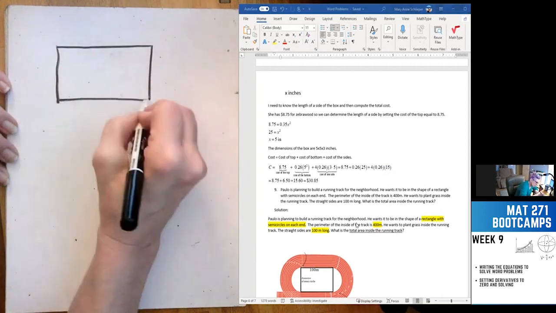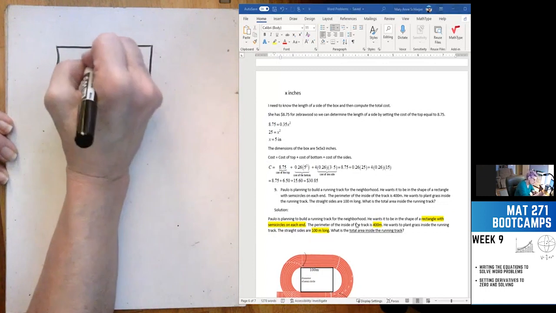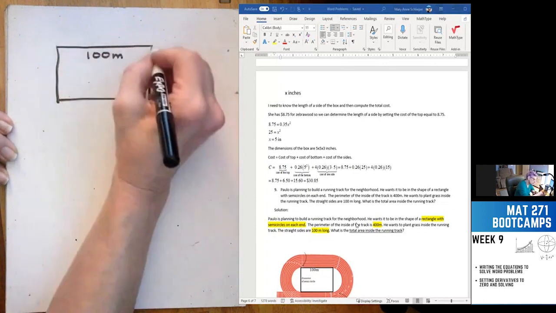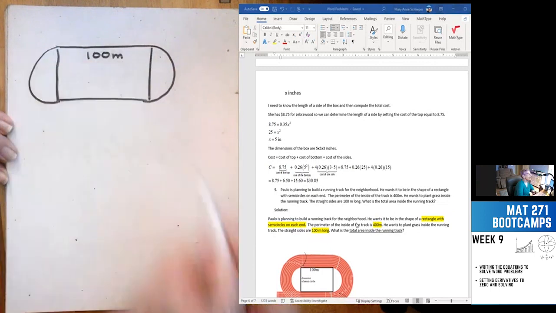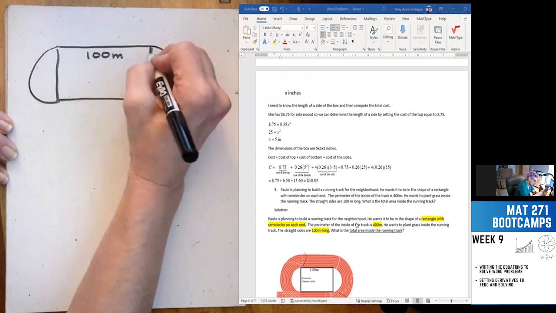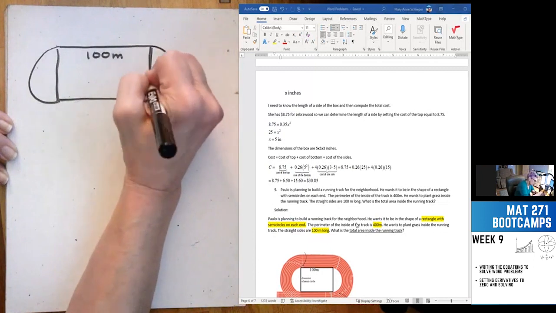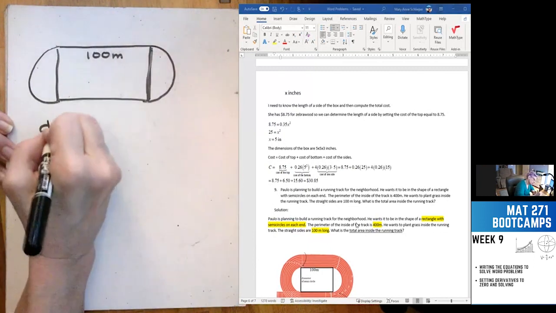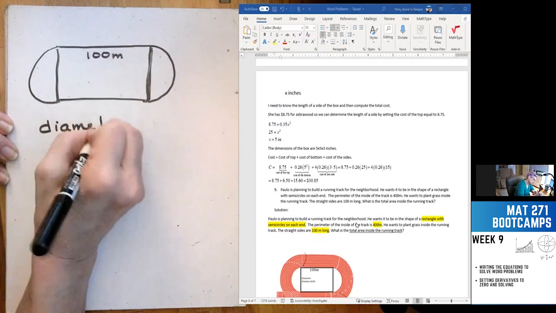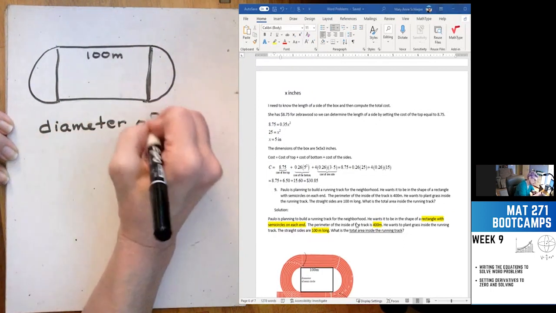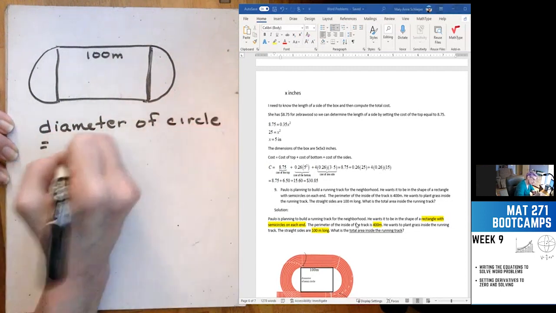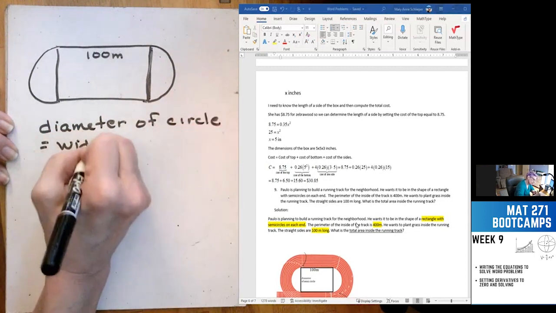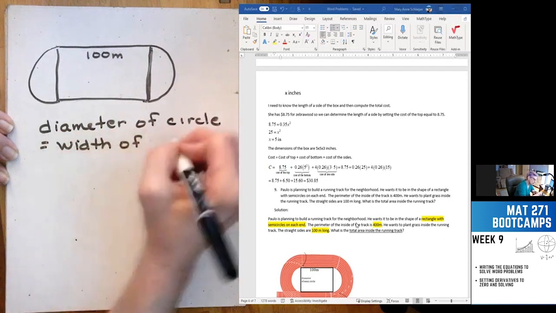So this one I can kind of draw. This is 100 meters. And then we plop half a circle on each end. So that means that the diameter of the circle is equal to the width of the rectangle.